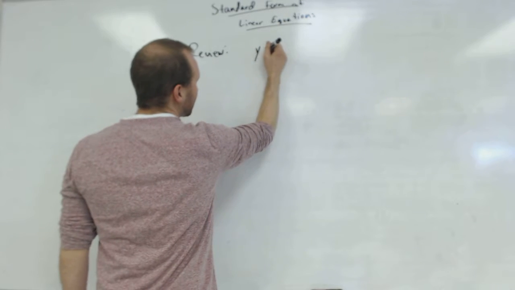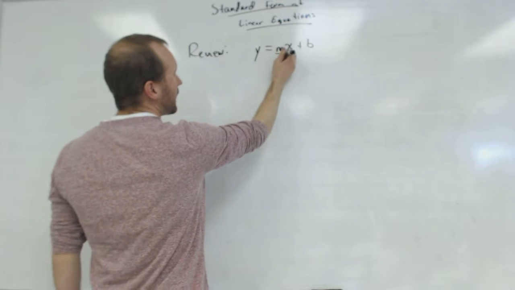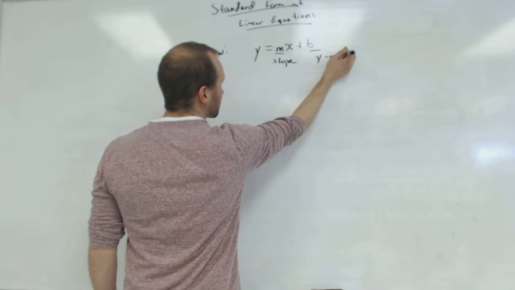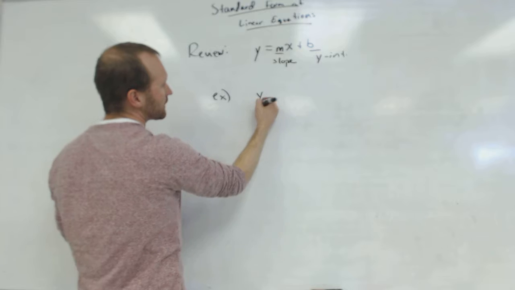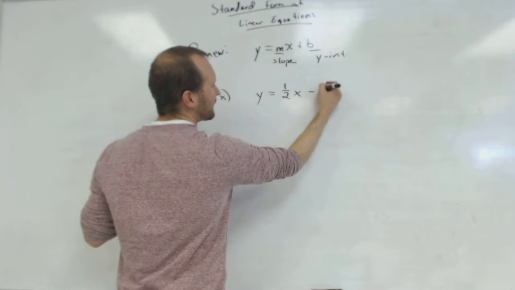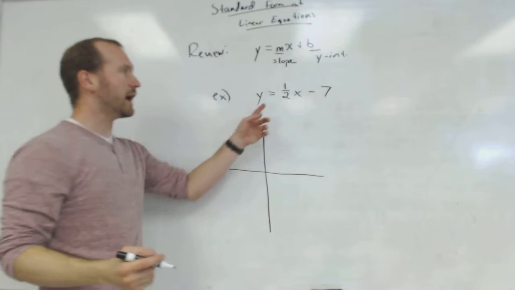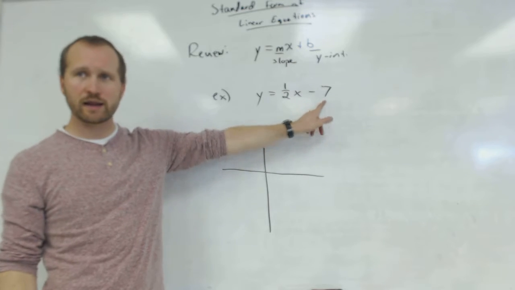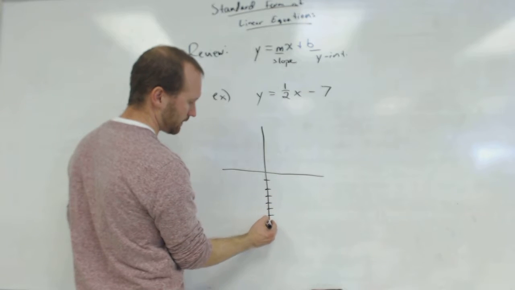Slope-intercept form was y equals mx plus b, where m is the slope and b is the y-intercept. And just remember, as an example of that, if I had an equation that said y equals 1/2 x minus 7, we graphed this by using the y-intercept of negative 7. 1, 2, 3, 4, 5, 6, 7.